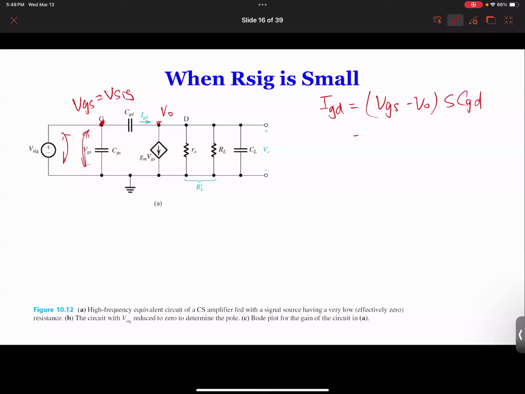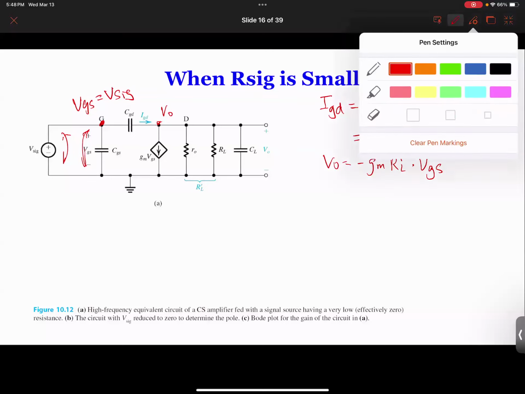And VGS is equal to VSIG. Then we have VO equal to minus GM times RL prime times VGS. In fact, this expression is not accurate.